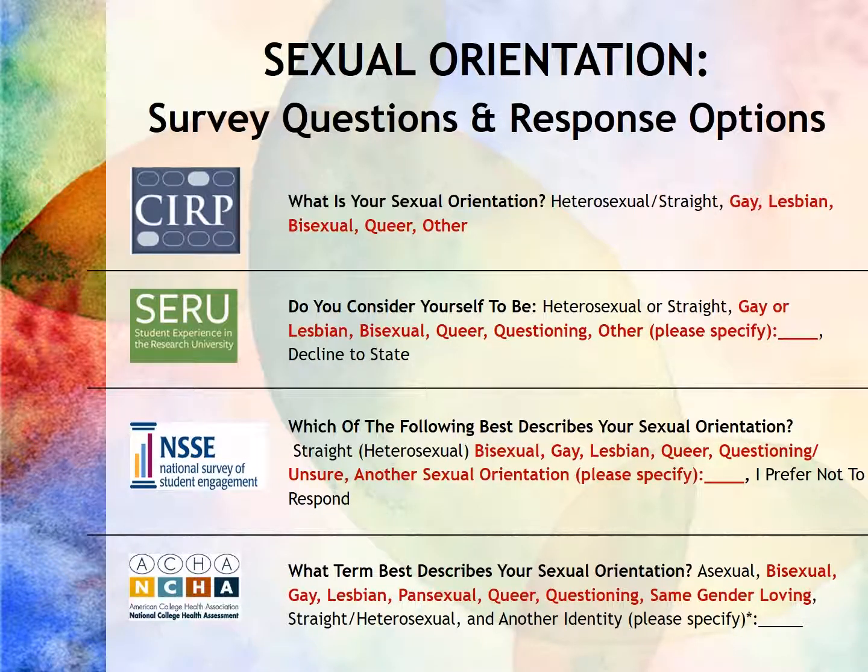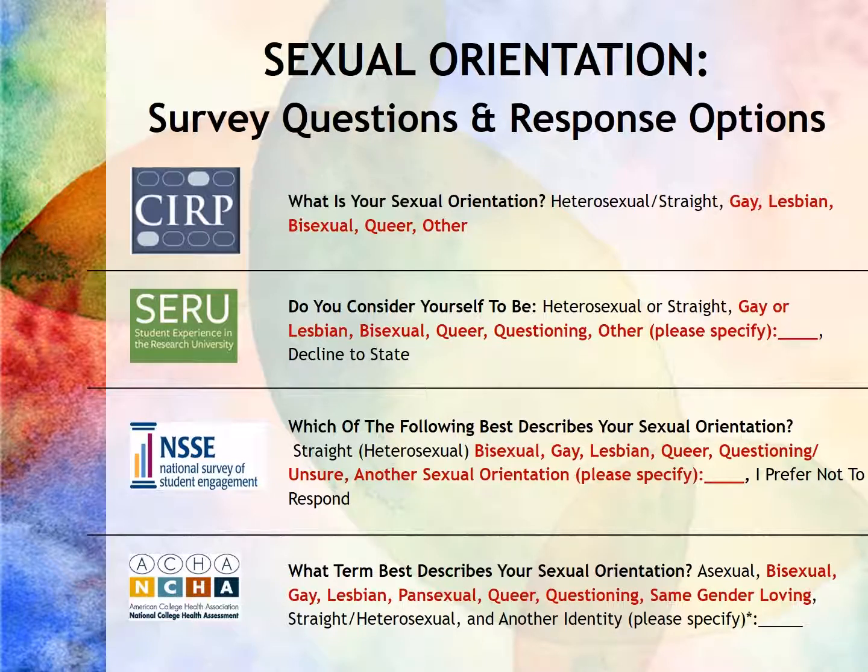What you see on the screen here is the question used in the data that we're analyzing for today's presentation. This one is the sexual orientation question, which asks students to describe their sexual orientation, and you see all the options listed there. We made some mistakes with this question, one of them being that we listed everything in alphabetical order. So asexual was first, and we got a surprisingly large number of students indicating asexual.